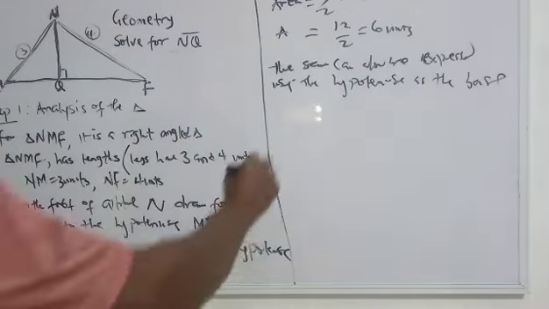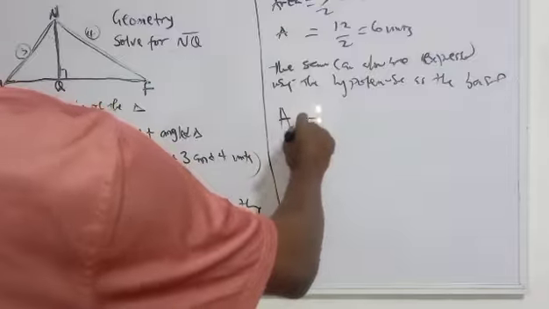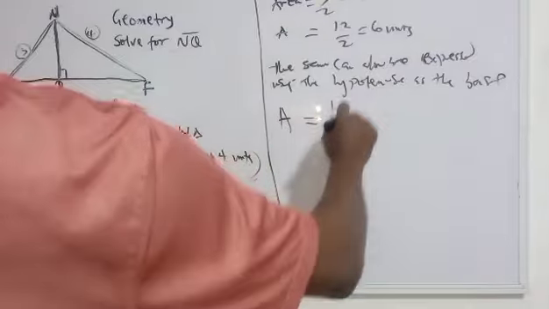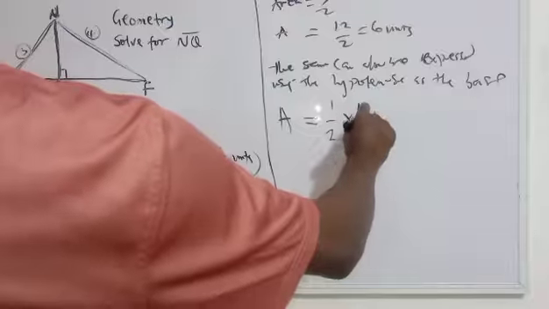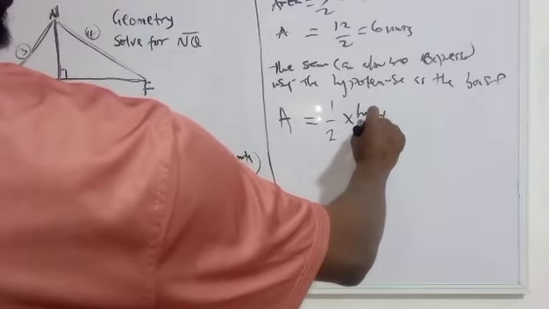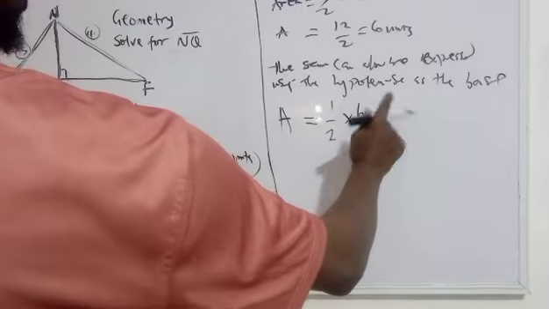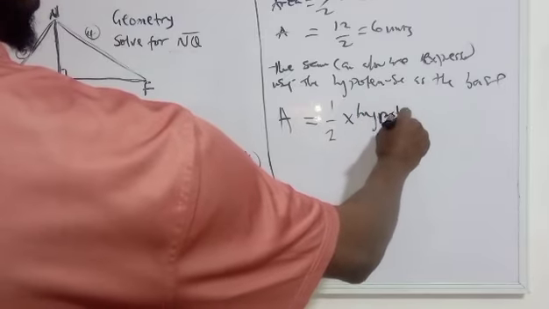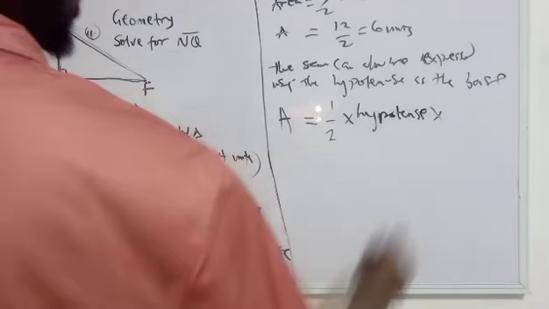So in that, we get this: the area is equal to 1/2 times hypotenuse times altitude.